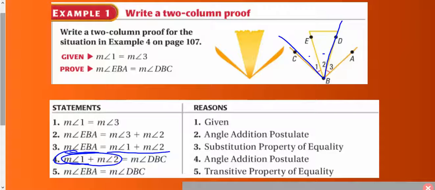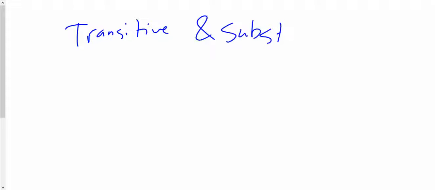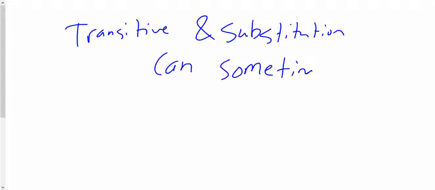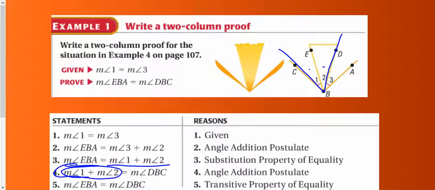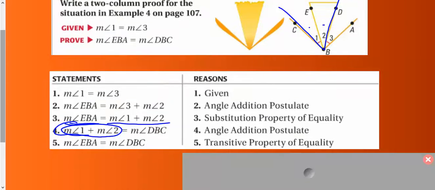A lot of times transitive and substitution can sometimes be interchangeable. Not always, but sometimes.